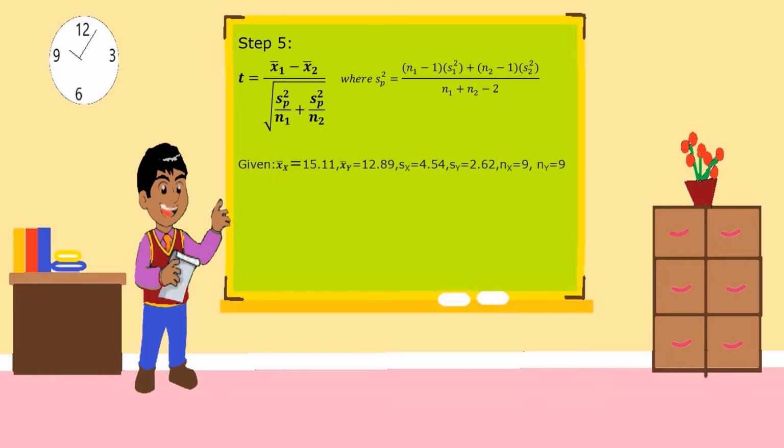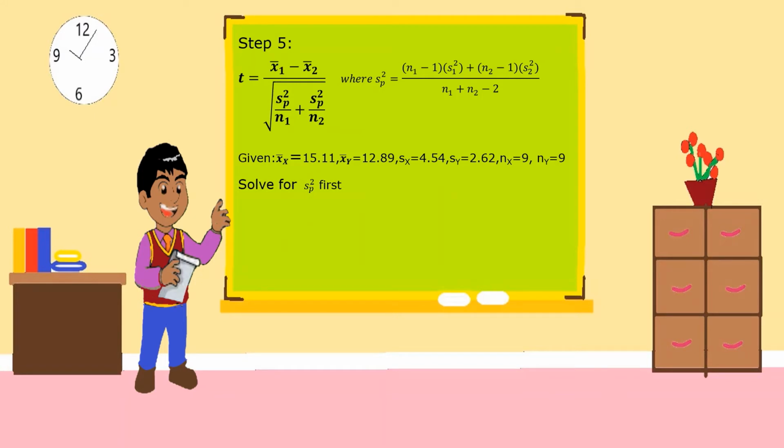So we use this formula. Given that our sample mean of X is 15.11, sample mean of Y is 12.89, the sample standard deviation of X is 4.54, the sample standard deviation of Y is 2.62, and the sample size of X is 9, and the sample size of Y is 9.